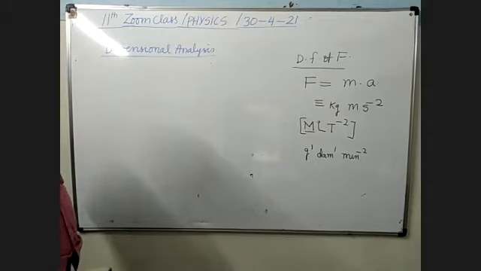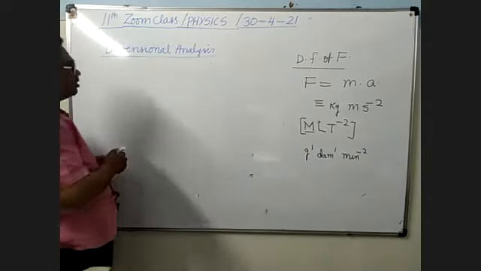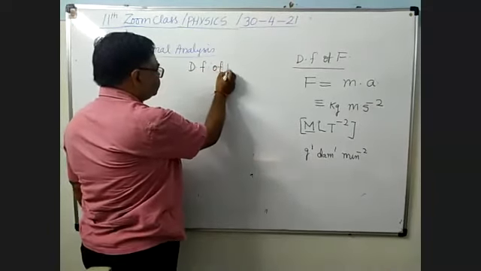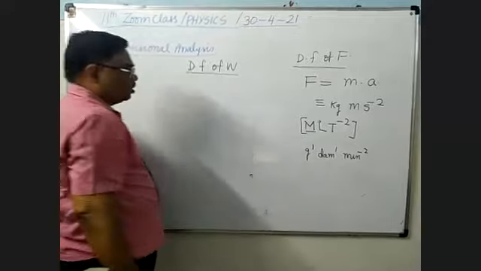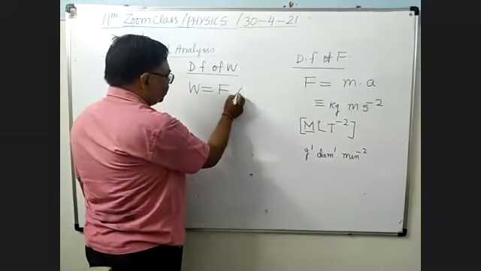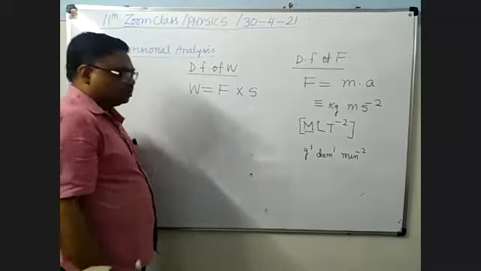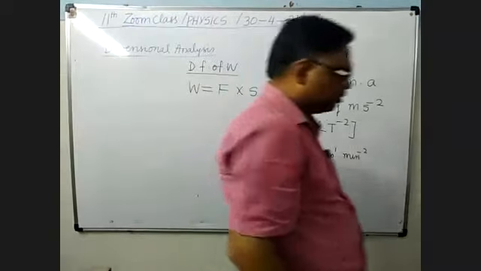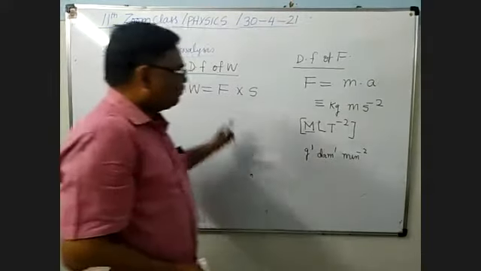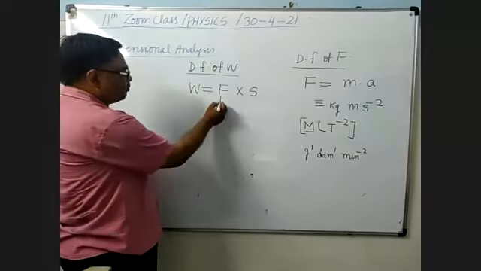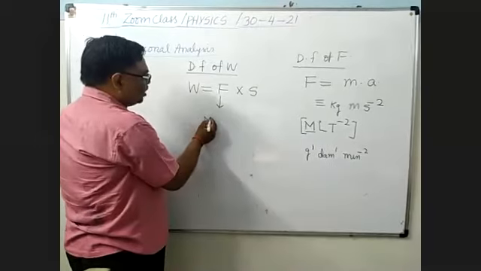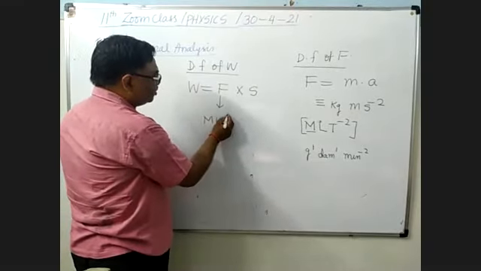Now see here, what is the dimensional formula of work? Work is force into displacement. What is the dimensional formula of force? We have already deduced MLT minus 2.